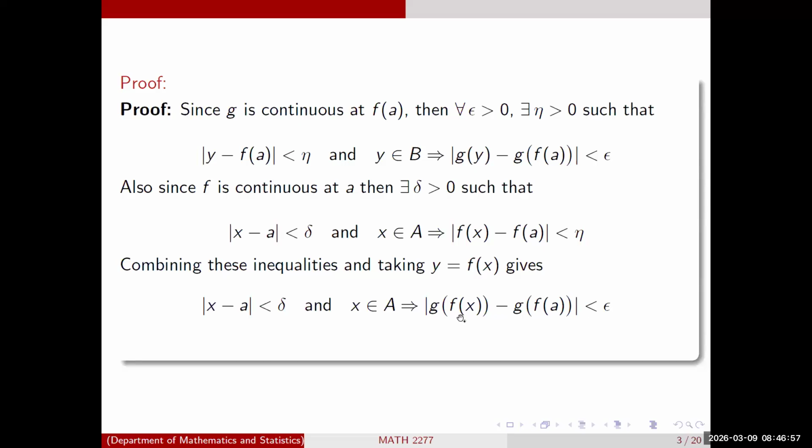And what is g of f of x? That's the composition, g composed with f. And what is g of f of a? That's g composed with f evaluated at a. So these functions you see here are just the composition. Therefore, g composed with f is continuous at a.